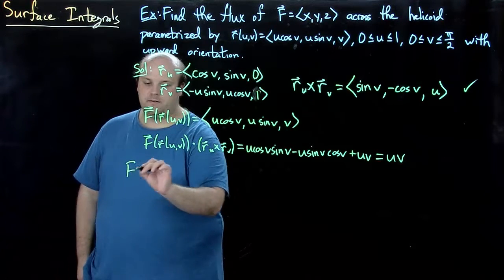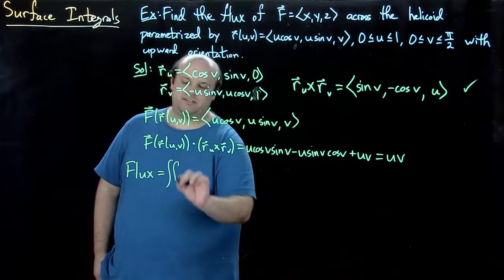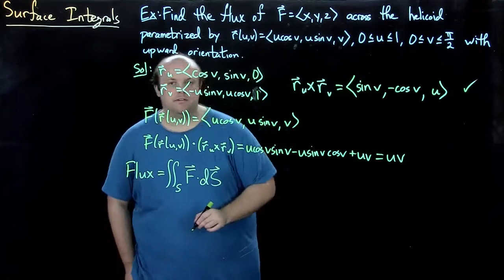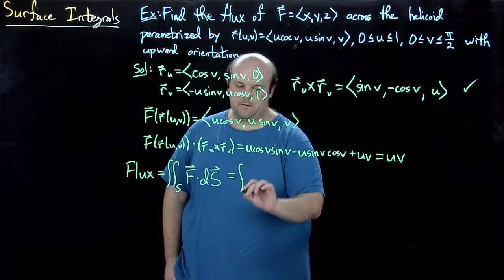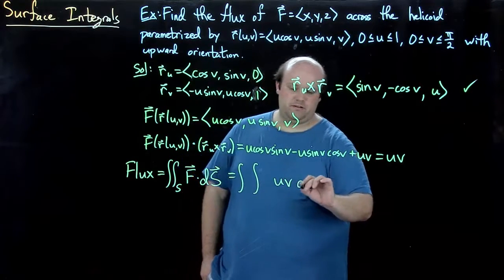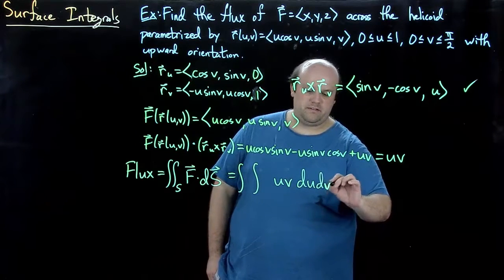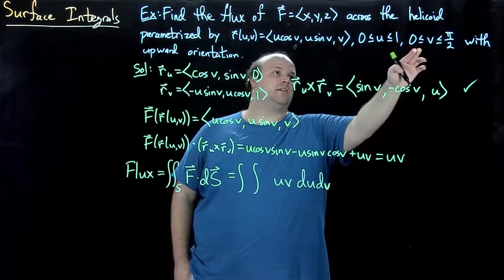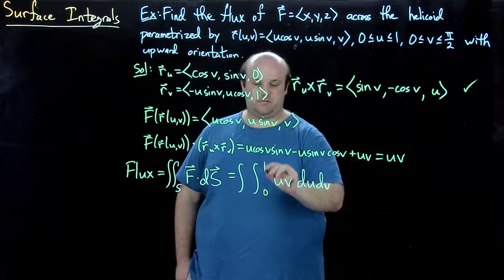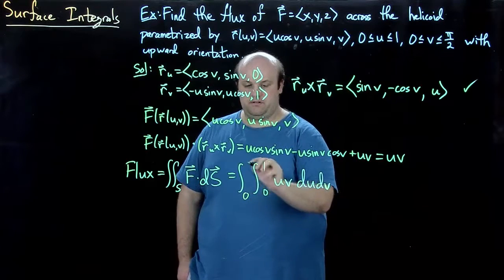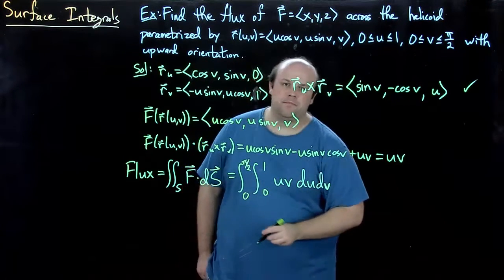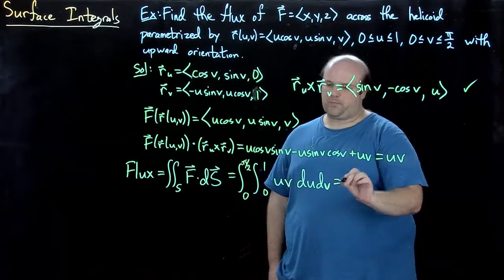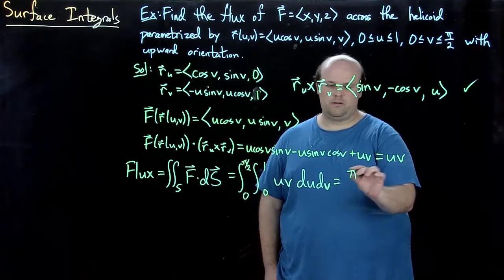So the flux, which is this double integral over S of F dot dS, is simply given by integrating uv du dv, because the domain of the parameterization is just a box. u goes from 0 to 1, v goes from 0 to pi over 2.